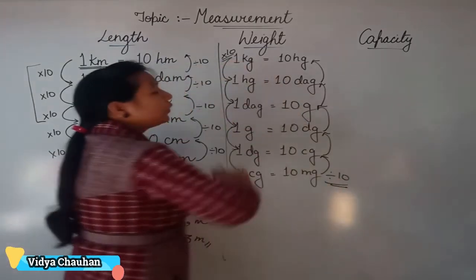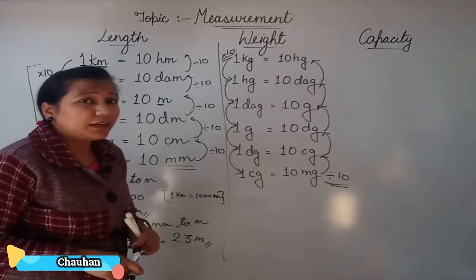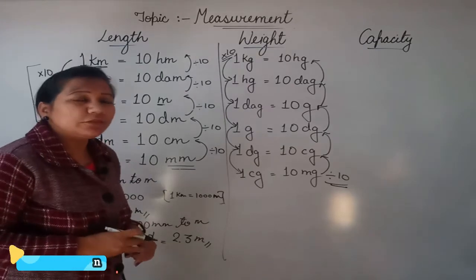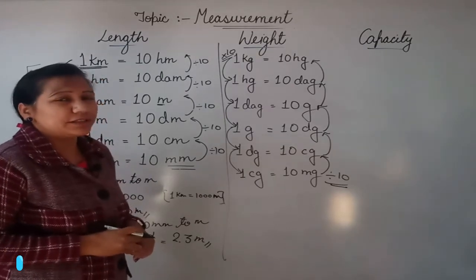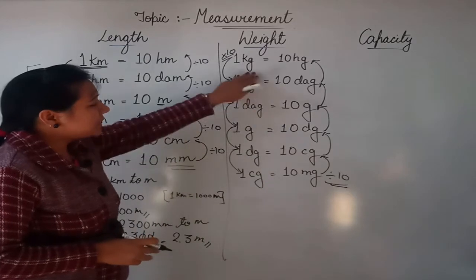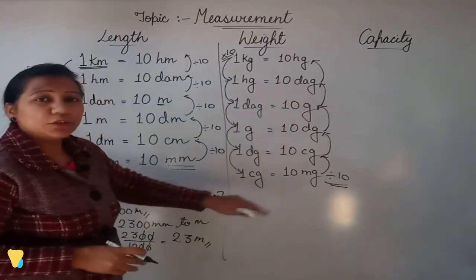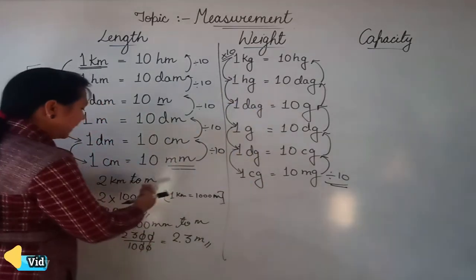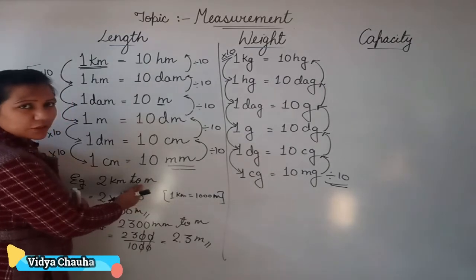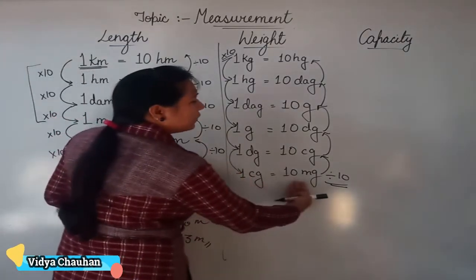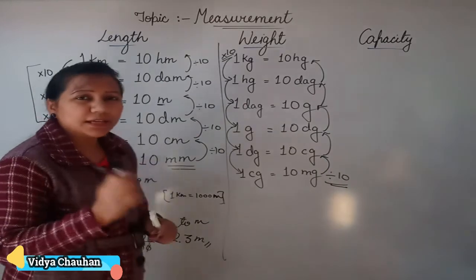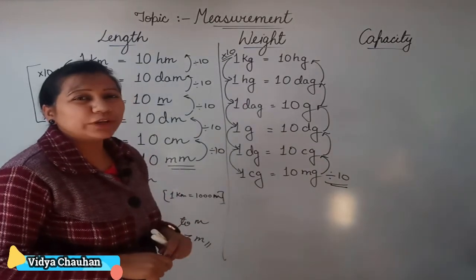Please remember this rule very carefully because it will help you do the conversions. Clear, students? So this is all about conversion in terms of weight. Just as I took some examples in case of length, similarly you can do the conversion in case of weight. We will discuss some questions later on from your book exercise.